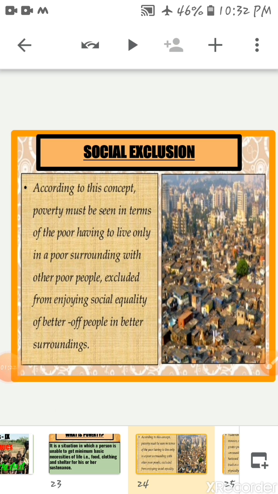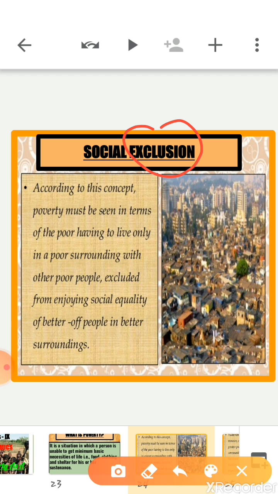Analysis of poverty based on social exclusion and vulnerability is now becoming very common among social scientists. So let's first understand the meaning of social exclusion. According to this concept, poverty must be seen in terms of the poor having to live only in a poor surrounding with other poor people.